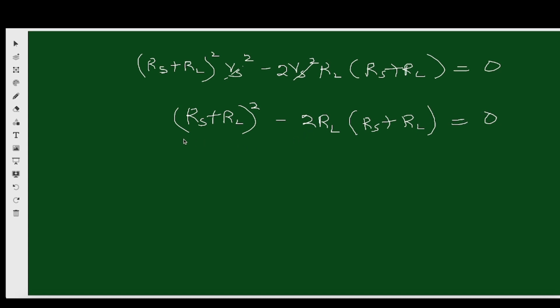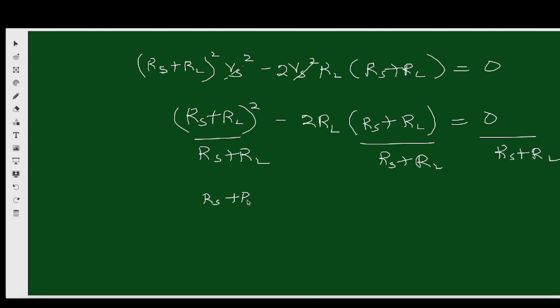If we divide through by Rs plus RL, what do we have? We have Rs plus RL minus 2RL equals 0. So which means that Rs minus RL equals 0, which means that Rs must be equals to RL.